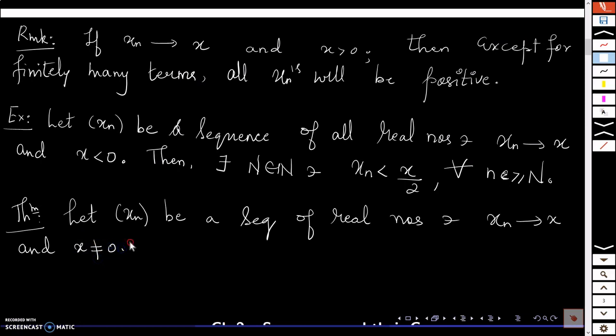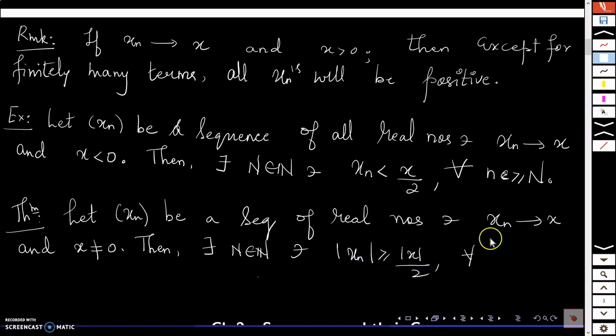Then I can find a natural number capital N such that mod xn is bigger than or equal to mod x by 2 for all n bigger than or equal to this capital N.